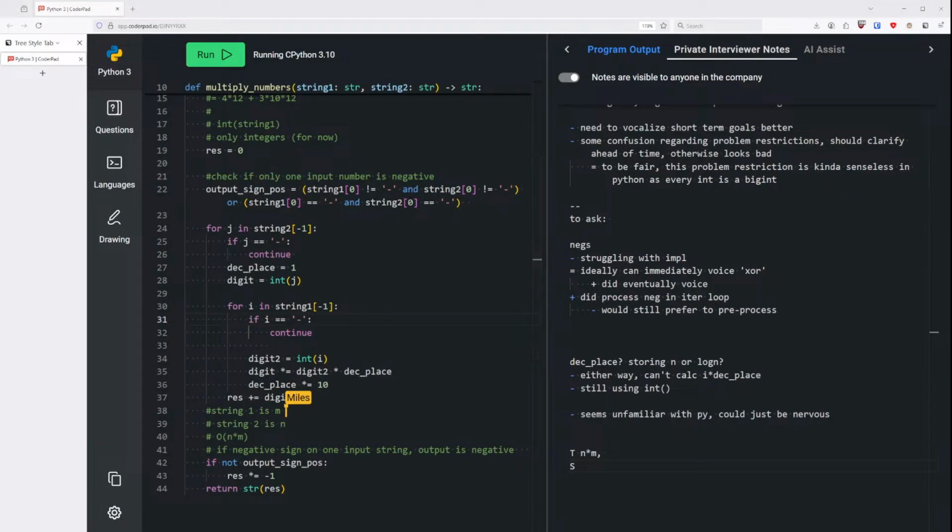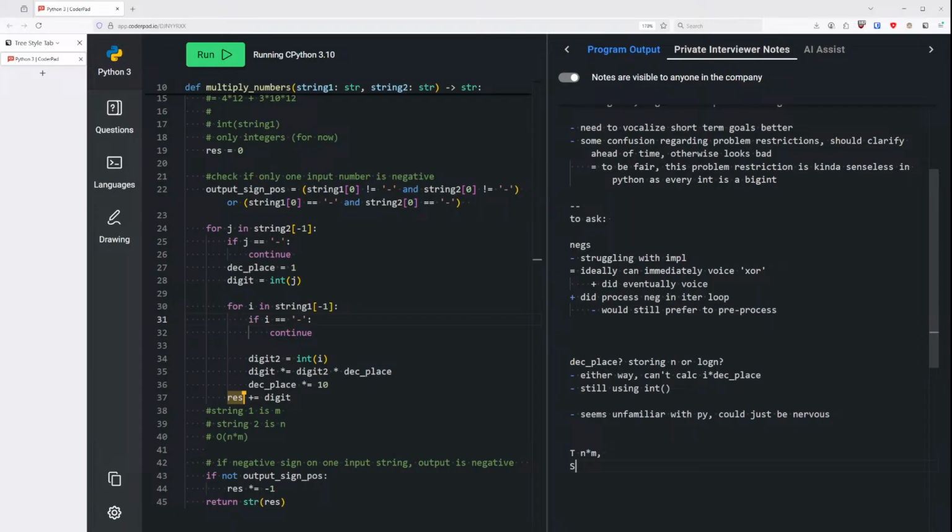If string 1 is, I guess it would be O(n times m) as well? Can you explain the reason there? Well, I guess we store it in an int at first.